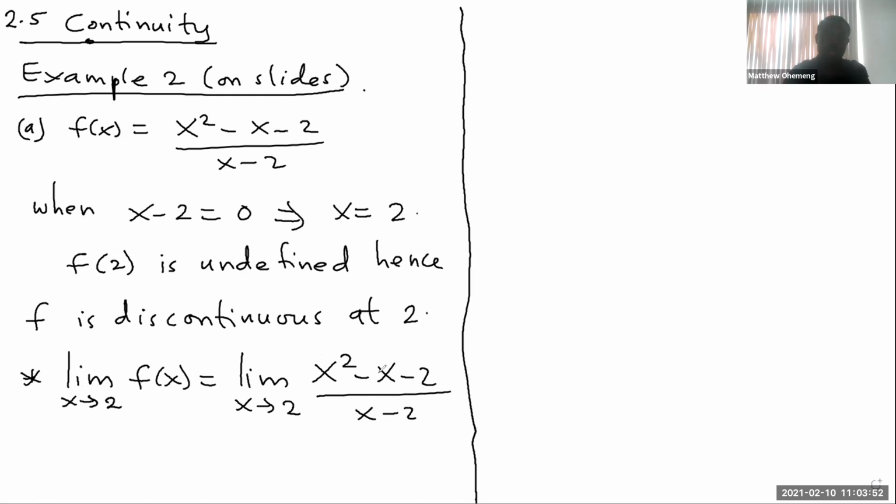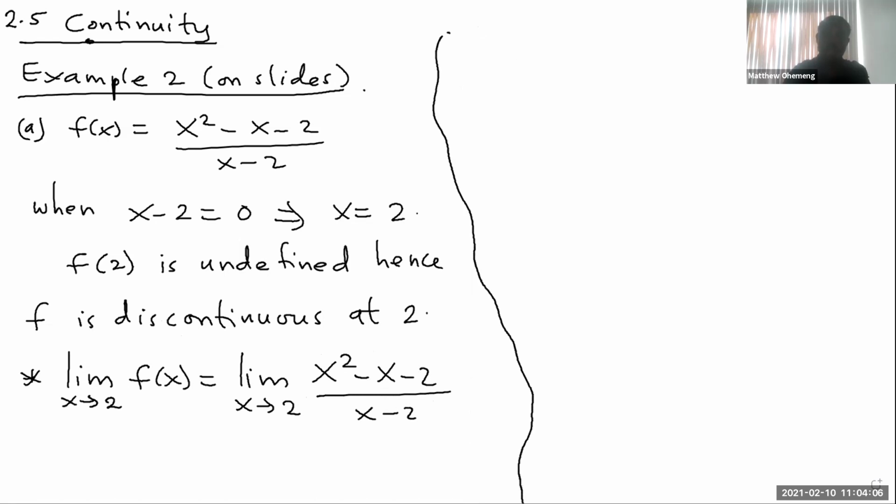If you plug in 2, you get 2 squared, which is 4, 4 minus 2 is 2, 2 minus 2 is 0. So this is going to give you something of type 0 over 0. So what do we do? For type 0 over 0, we try to simplify and then we plug in again.